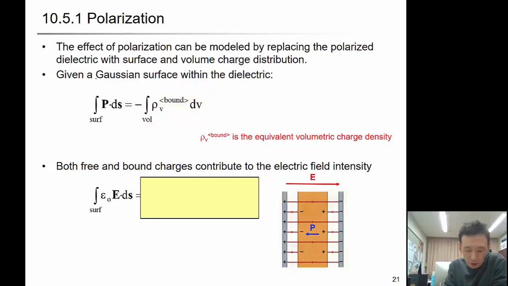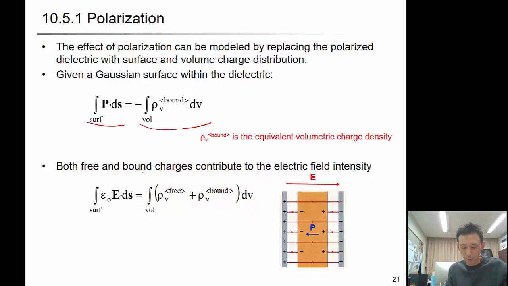And given a Gaussian surface within the dielectric, if you have the volumetric charge density which is bounded, then this will give the polarization. And you can also sum up the free charges and the bounded charges, because they both contribute to the electric field intensity. So this is the field intensity, and the surface charge or the volume charge of the freely moving and the bound one contribute to the electric field intensity.